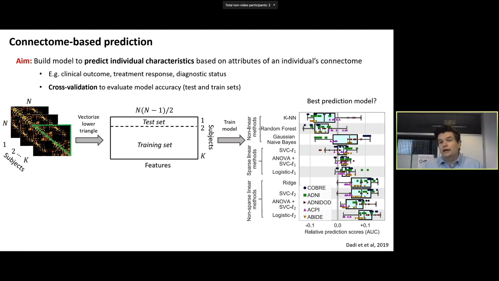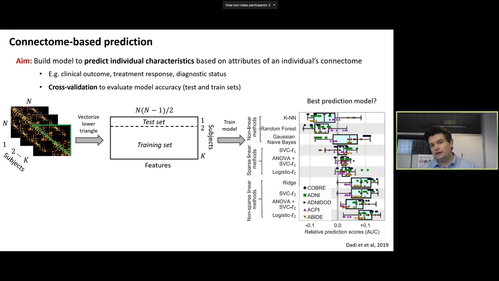And once we have that format, we can use generic supervised learning methods to train a model to predict our desired outcome. Dadi and colleagues have used this and evaluated predicting binary outcomes in various data sets. The horizontal axis here represents the improvement in the AUC, so the more to the right we go, the more improvement we have in AUC.